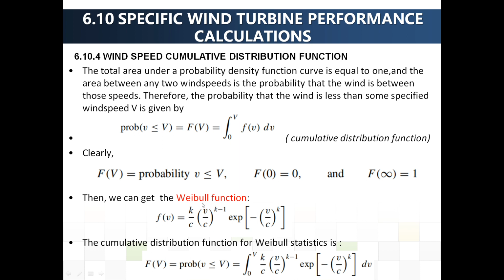We can use the Weibull function. The probability density function of the Weibull function is equal to k divided by c multiplied by (v divided by c) to the power k minus 1, multiplied by e to the power of minus (v divided by c) to the power k. The cumulative distribution function for Weibull statistics is the integral of the Weibull function multiplied by dv.